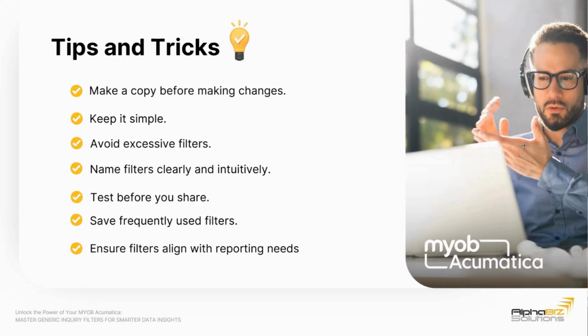First and foremost, we recommend our clients to always make a copy of the GI that you are trying to modify. This way, you have a safety net in case something goes wrong. Keep your filters simple and avoid using excessive filters.